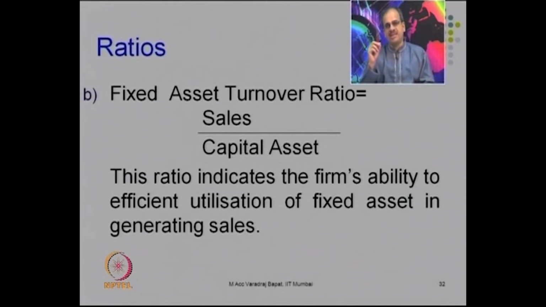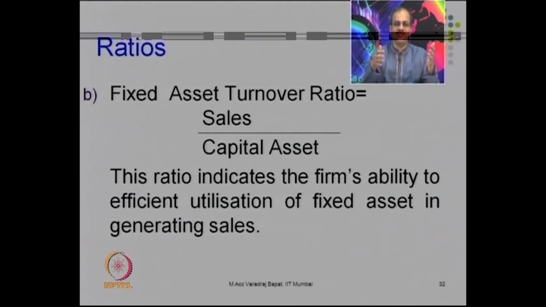Let us take a simple example. If you assume that you have a relatively small retail shop which, let us say, makes a sale of 50 lakhs in a week. There is another large size mall, it keeps lot of stock, it has a big size of showroom that also makes sale of 50 lakhs.